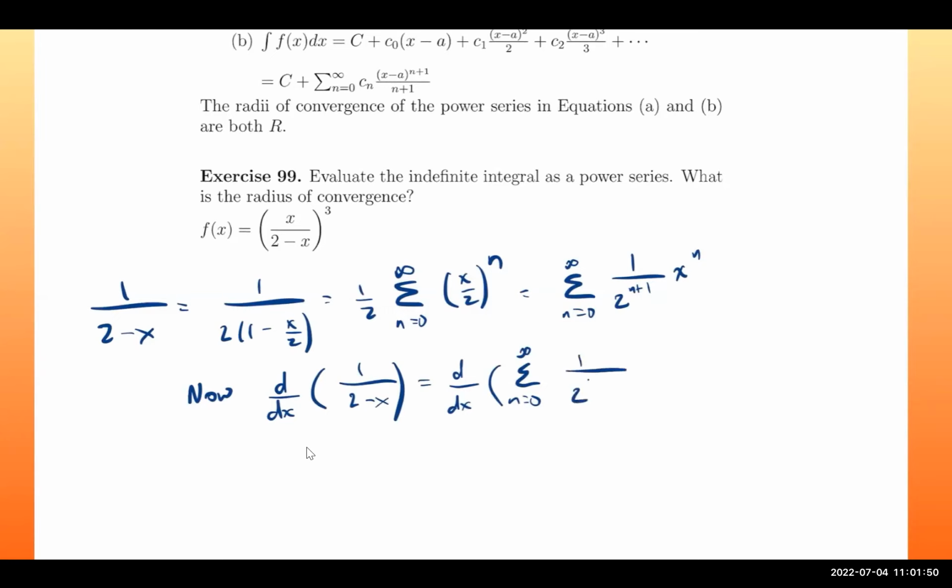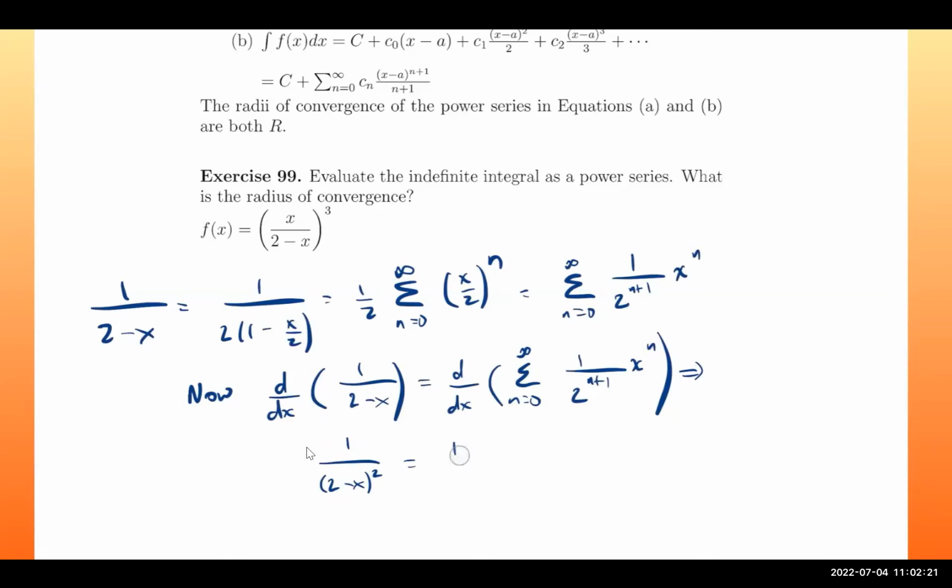The derivative of the function, you can verify, is going to be 1 over 2 minus x squared. I'll let you verify that. And then the derivative of the series is just the power rule. You bring down the n and then you subtract 1. That's not too hard.